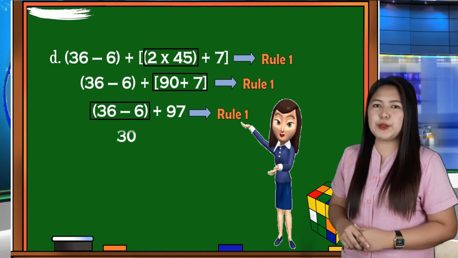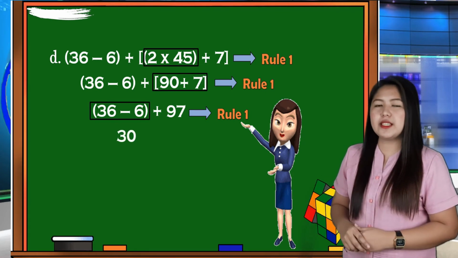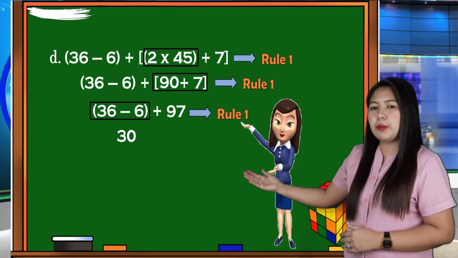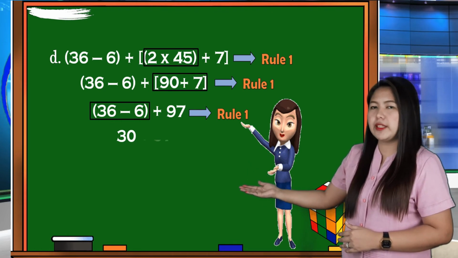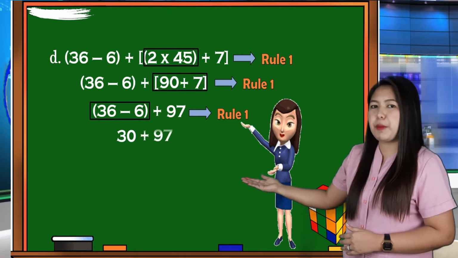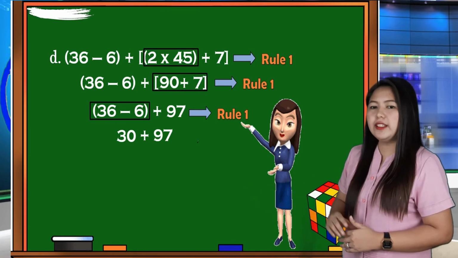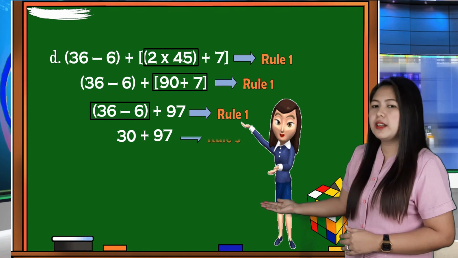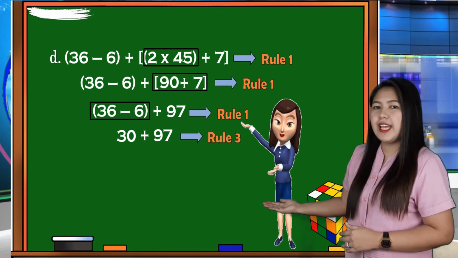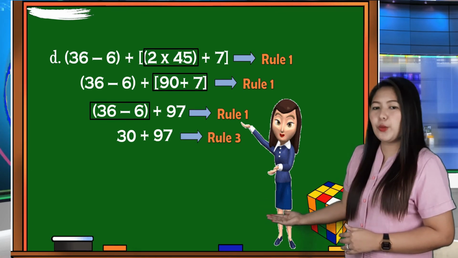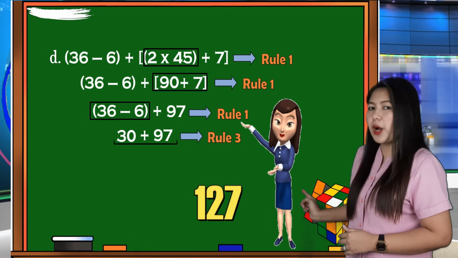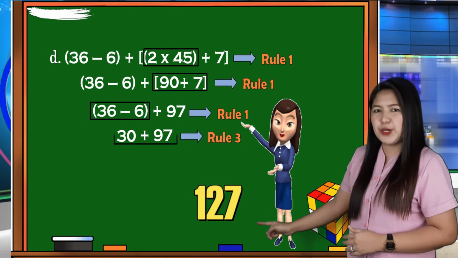Since meron pa tayong nasa loob ng parentheses, rule number 1, isosolve natin 36 minus 6 is 30. And 30 plus 97 is 127. And this is our final answer.